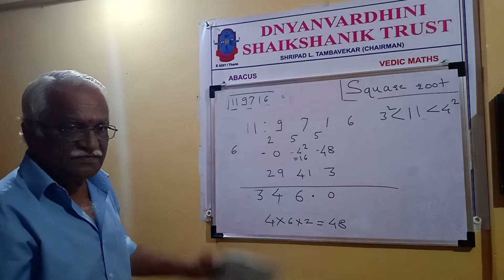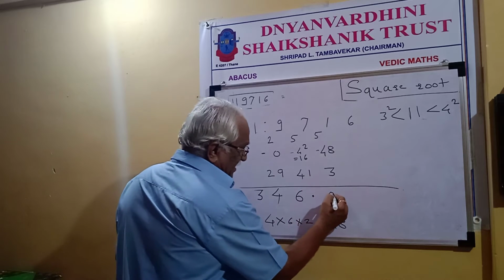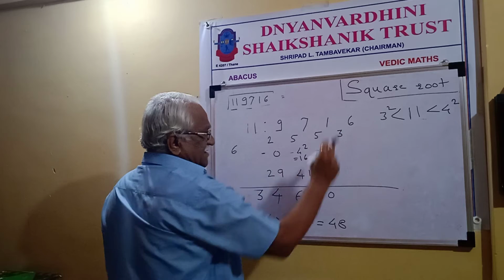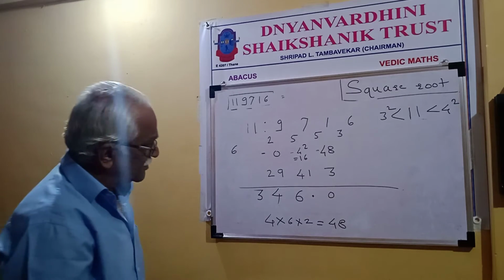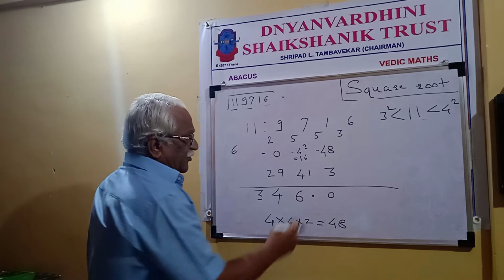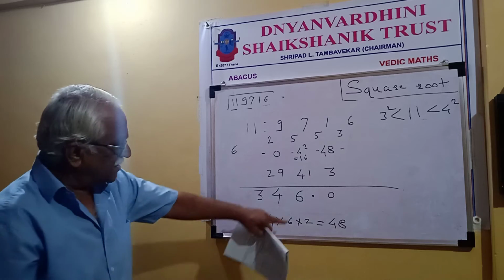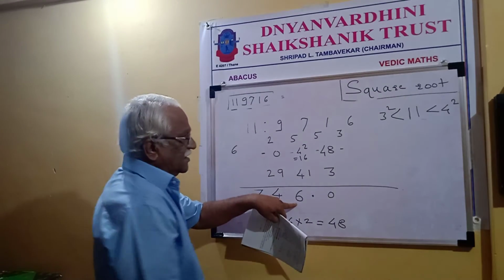Clear here? Now for the next procedure, here the remainder goes to here. So gross dividend becomes 36. Then for the next method, we have to deduct the square of the second last quotient, that is 6.